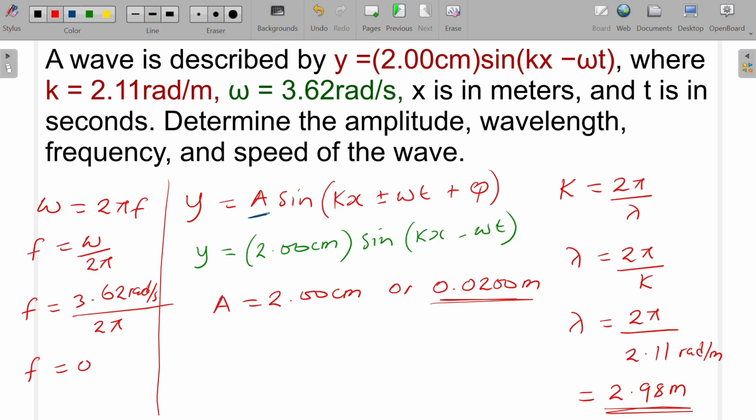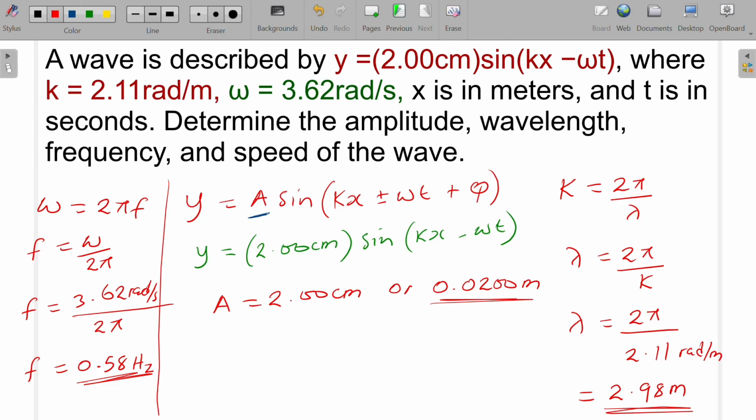According to my calculator, I have 0.58 hertz as my answer for frequency. So that's the frequency that we have for this wave, 0.58 hertz.